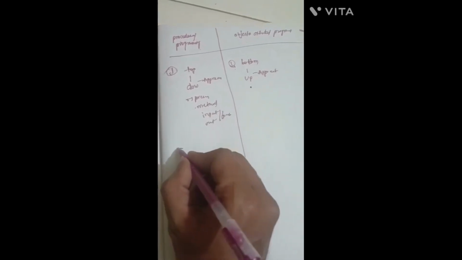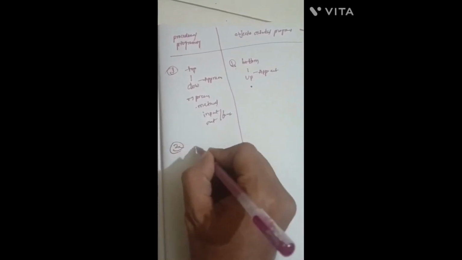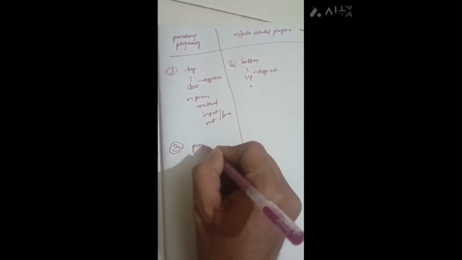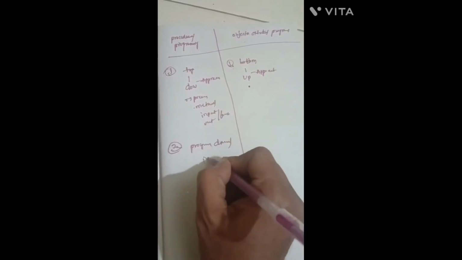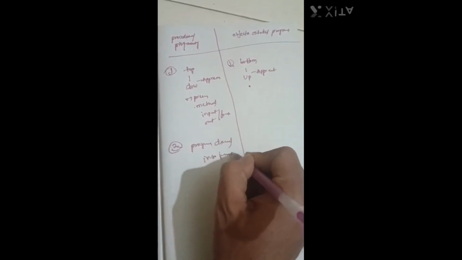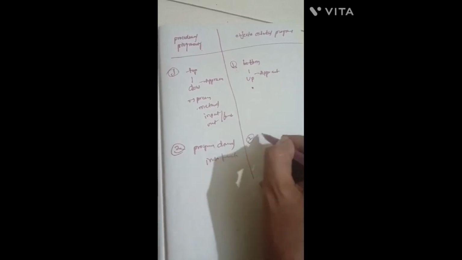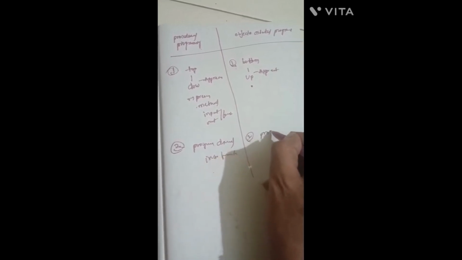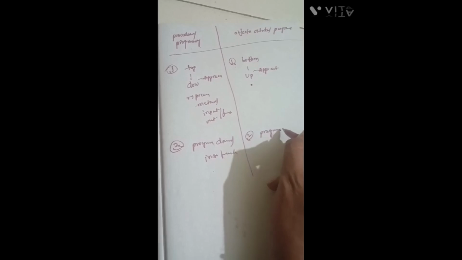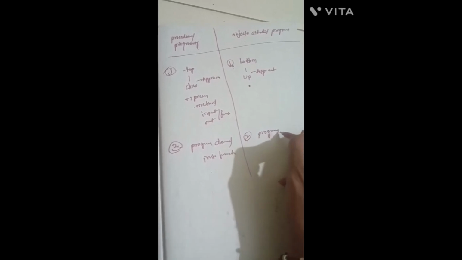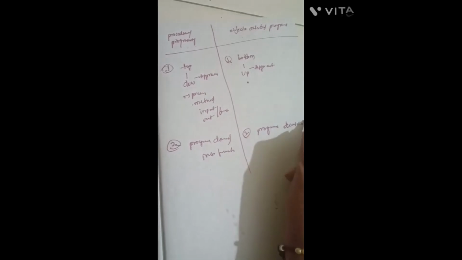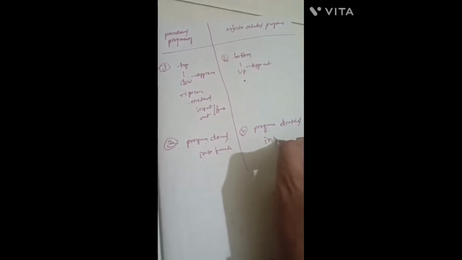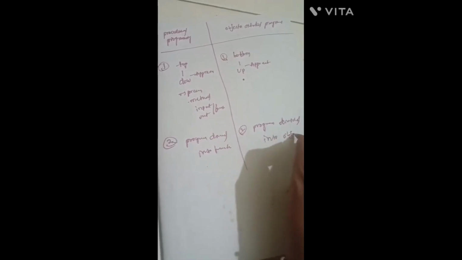Next one is, in procedural programming the programs are divided into functions. Here in object oriented programming, the programs are divided into objects.